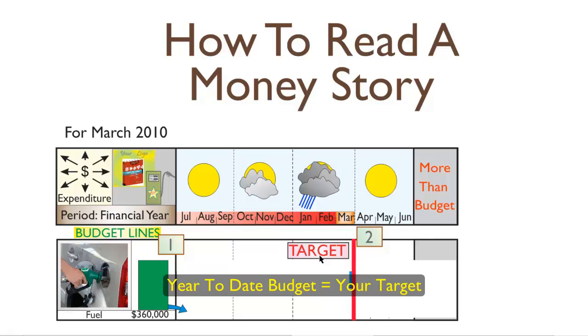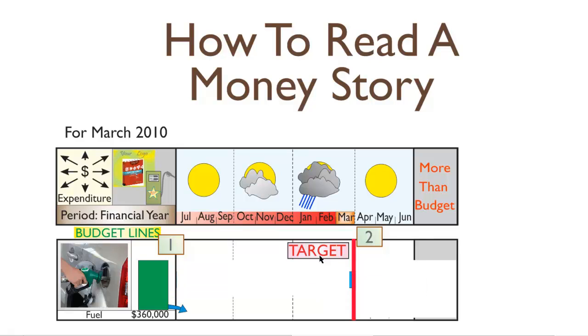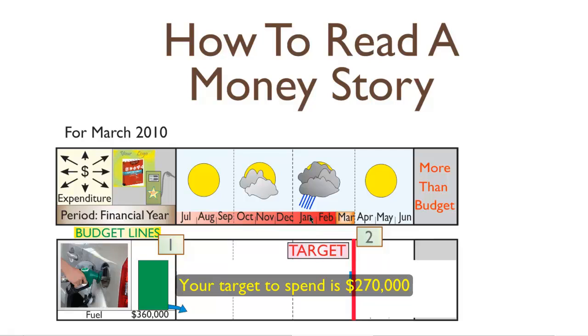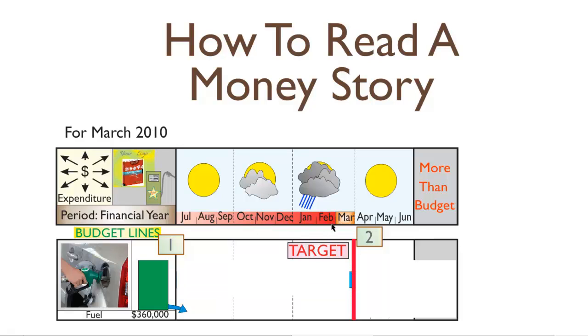So as the time moves across the red time bar, the target moves across. Here it's March. If the report was for June, the time bar would have shifted along and would be at the end of the financial year. Now clearly it can't go any further, can it? Because that's the end of your year.